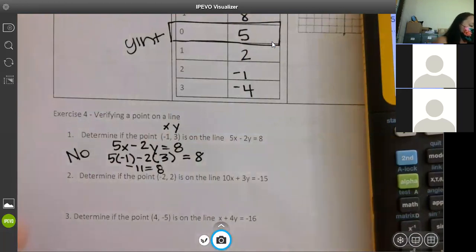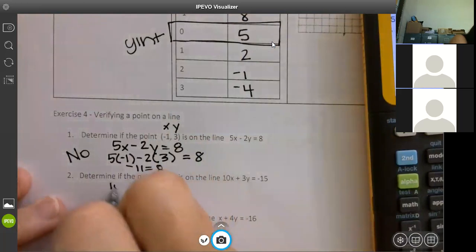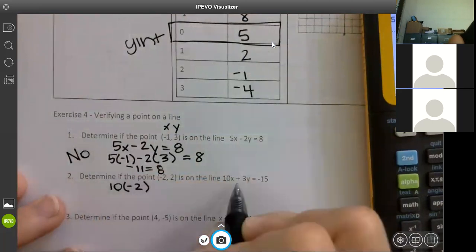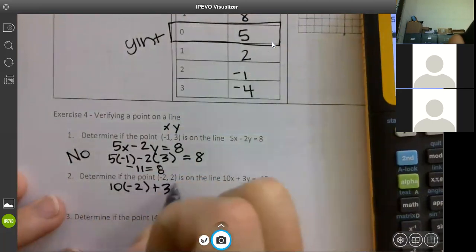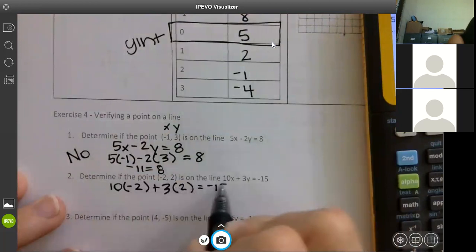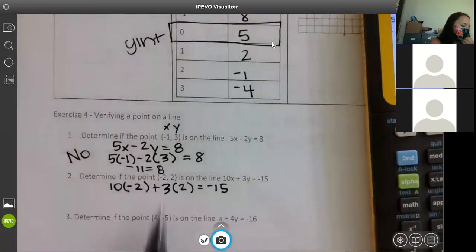Okay, so check out the next one. We have 10. What's your x coordinate? -2. Then it says +3. What's your y? And we're going to see if that's equal to -15. So 10 times -2 is your x, plus 3 times 2 is your y.